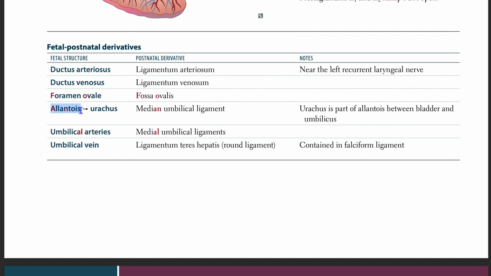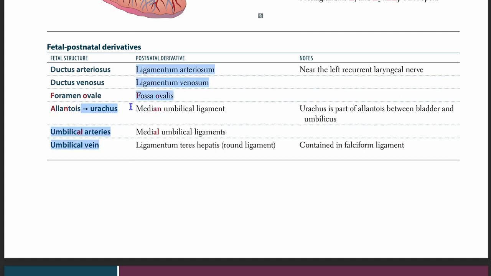Then you have allantois. This is an important one. It becomes the median umbilical ligament. We'll come across this in GIT as well. Urachus is a part of the allantois between bladder and umbilicus.